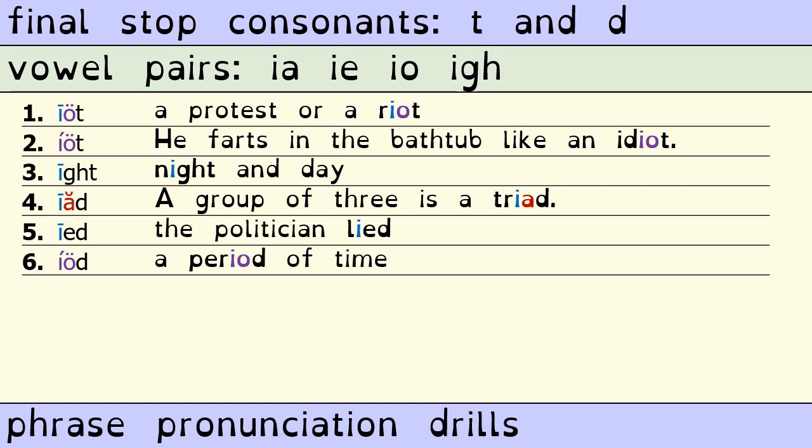Night and day. 4. Iad. A group of 3 is a triad. 5. Ied. The politician lied. 6. Iod. A period of time.